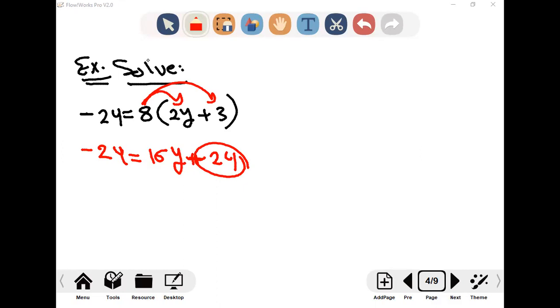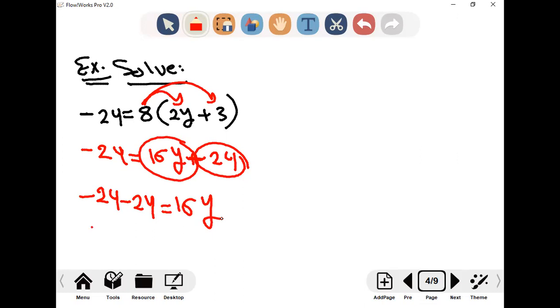Now, this connected number 24, we shift it as we did in the two-step equation. So negative 24 stays on the first side, and we shift this positive 24 to the left side. It will also be negative 24. This equals 16y. Now negative 24 minus 24 is negative 48. Excellent. If you remember addition and subtraction of positive and negative numbers, we add and keep the same sign.